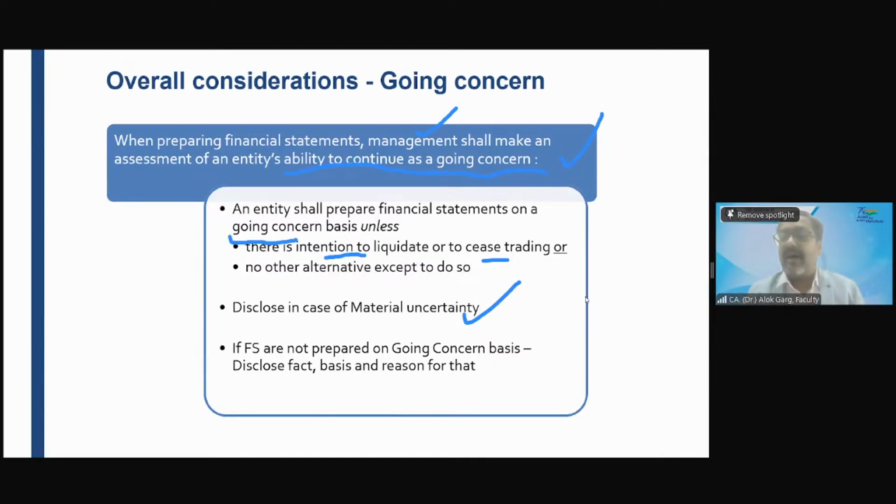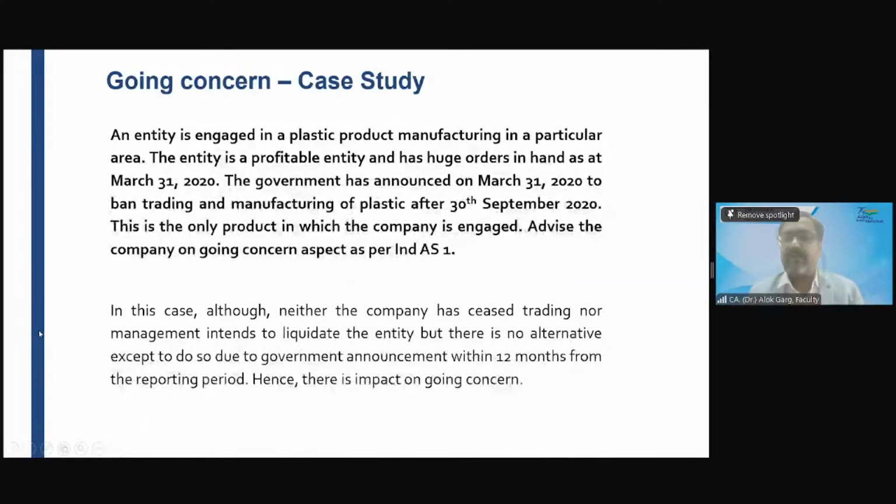Read that section. Clear? If financial statements are not prepared on a going concern basis, disclose the fact, the basis, and the reason for that. If not on a going concern basis, then on what basis, and what is the reason why financial statements are not prepared on a going concern basis? Clear? Is that clear? Clear in mind or clear from mind? Yes, sir. Clear in mind.